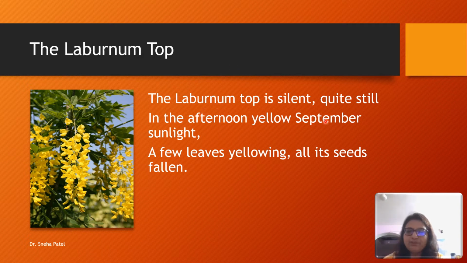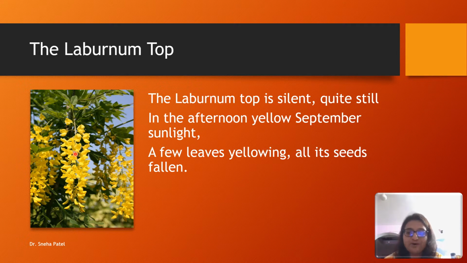The laburnum top, how is it? The top of the tree, it is silent, without any activity. And the month is September. And the time is afternoon. That's why there is the shade of yellow. The sunlight is yellow. And also, the leaves of this tree are yellow because they are aging.